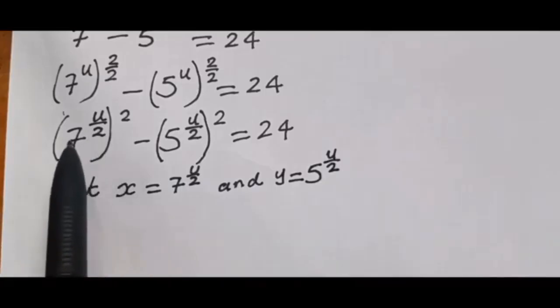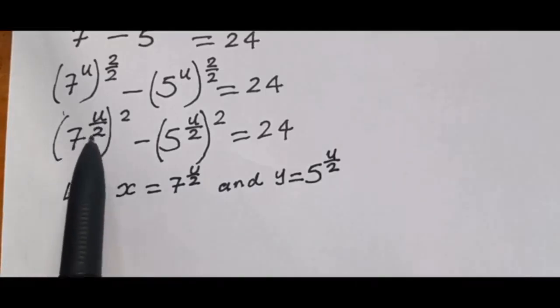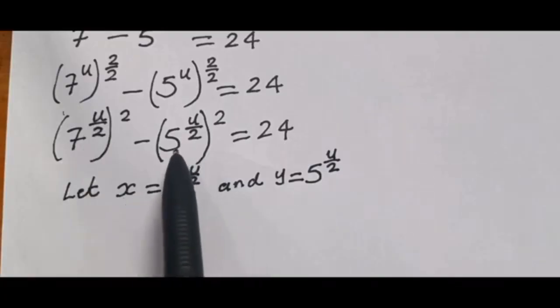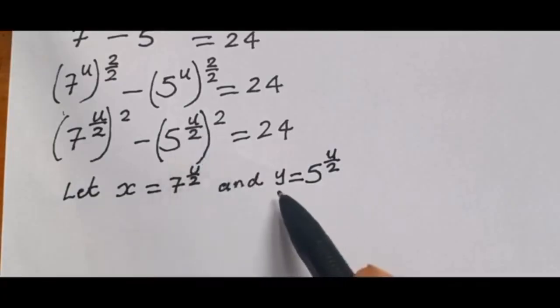So here, instead of writing 7 raised to power u over 2, we are going to write x. Again here, instead of writing 5 raised to u over 2, we are going to write y.